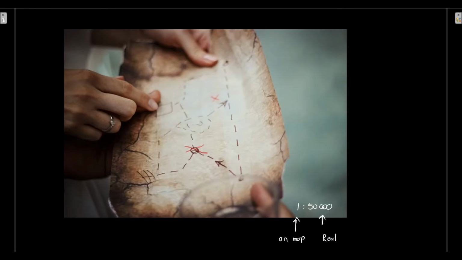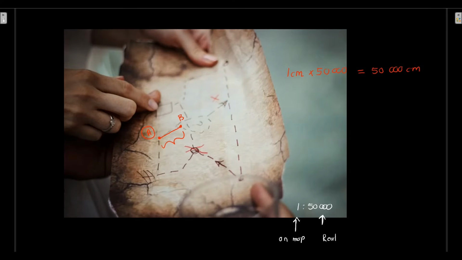So what do I mean by this? If I were to measure the distance from there to there, and let's say I got it to be 1 centimeter, that basically means that in real life, if you were to travel from A to B, that distance would be 1 centimeter multiplied by 50,000, which is equal to 50,000 centimeters.